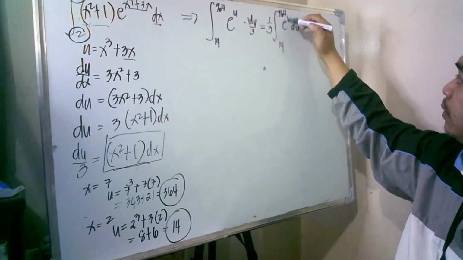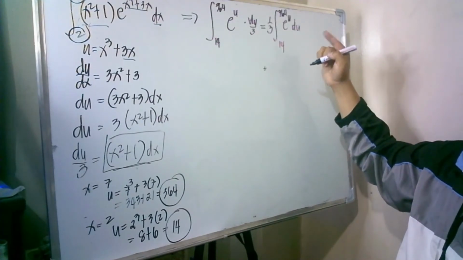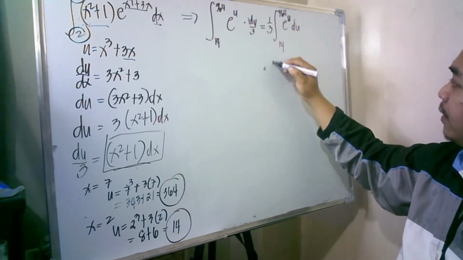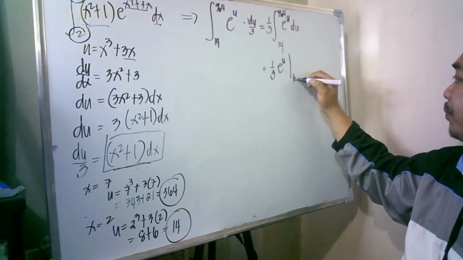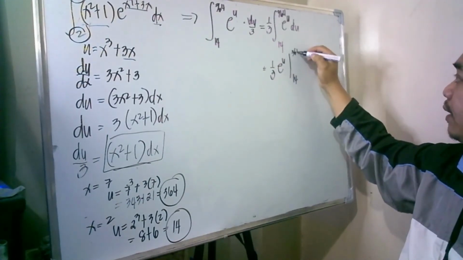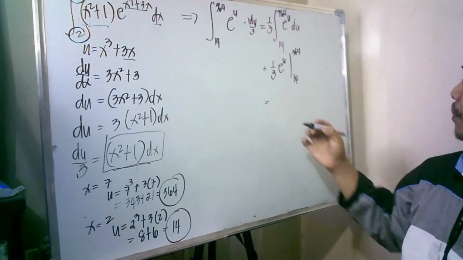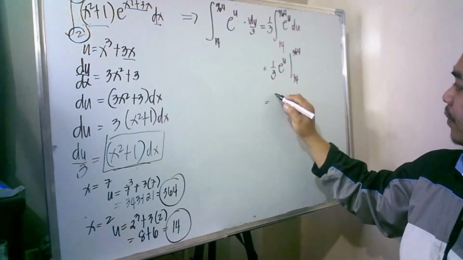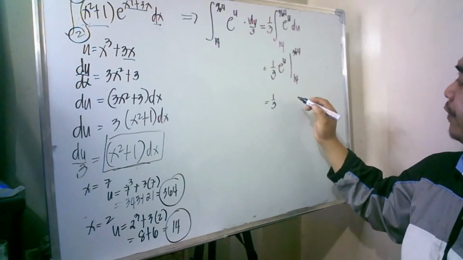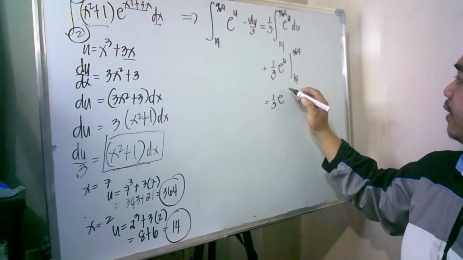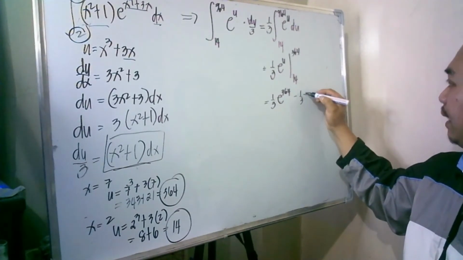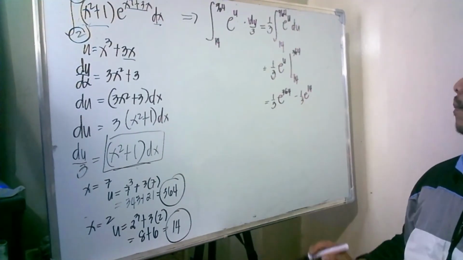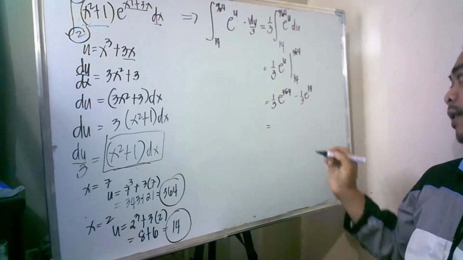Integral of e raised to u is still e raised to u, from 14 to 364. 1/3, applying now FTC, 1/3 e raised to 364 minus 1/3 e raised to 14. Actually, we are done, no?